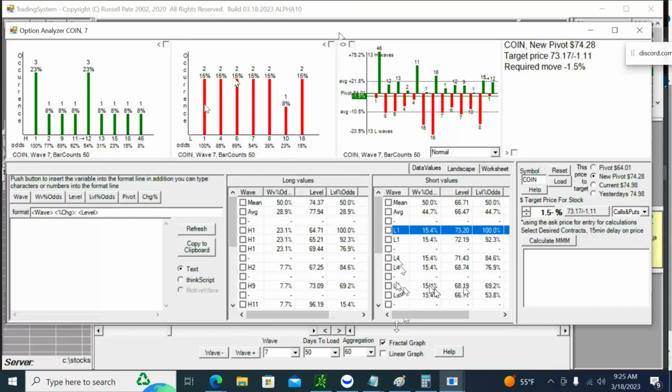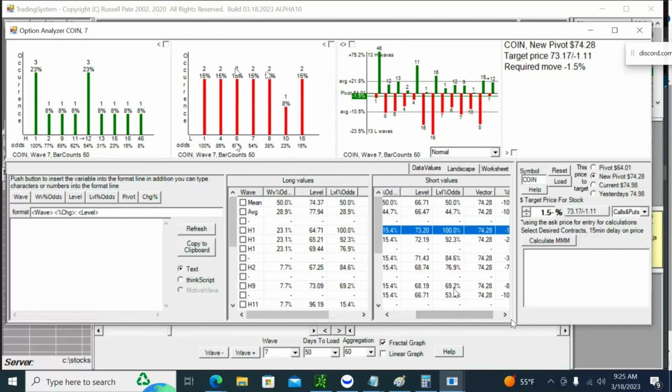So out of the down move, this holds 15.4% of that range on the down move. On a percent odds, this way, up and down, 69.2% of the time we achieve at least that.